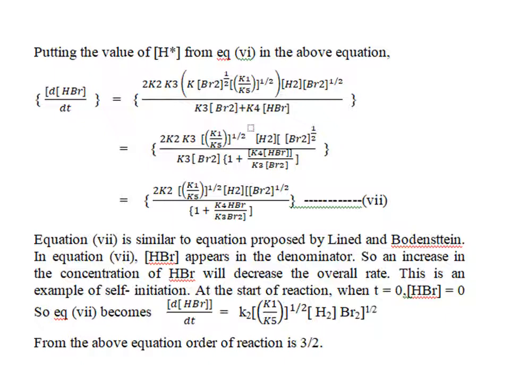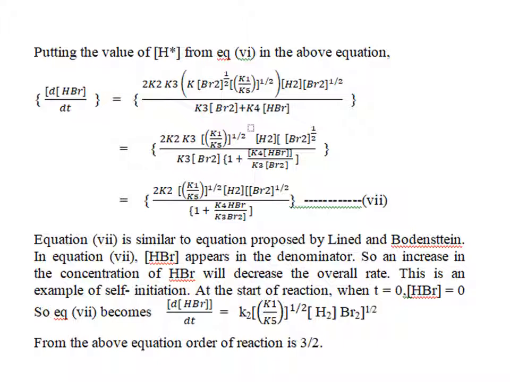Now again putting the value of H star from equation 6 in the above equation, dHBr over dt, that is equal to K2 K3 into Br2 power 1 by 2 into K1 over K5 power 1 by 2 into H2 Br2 power 1 by 2 over K3 into Br2 concentration plus K4 into HBr concentration.